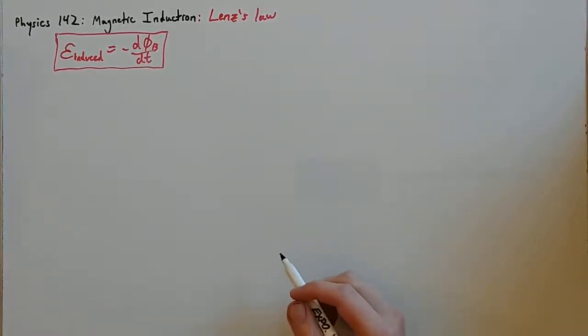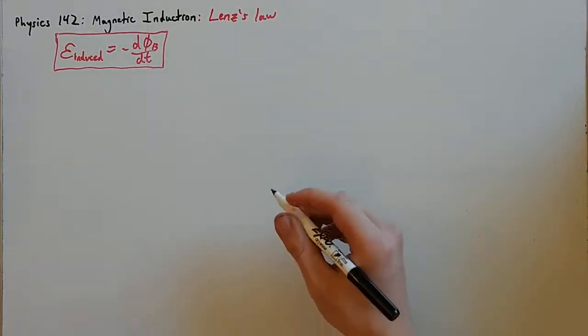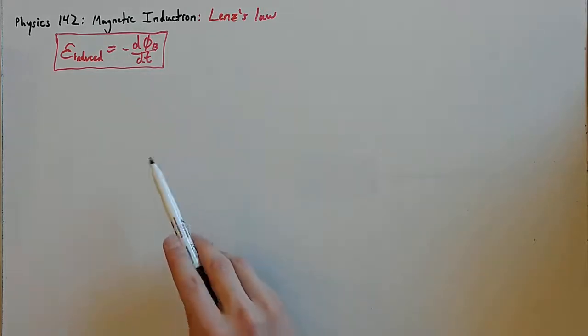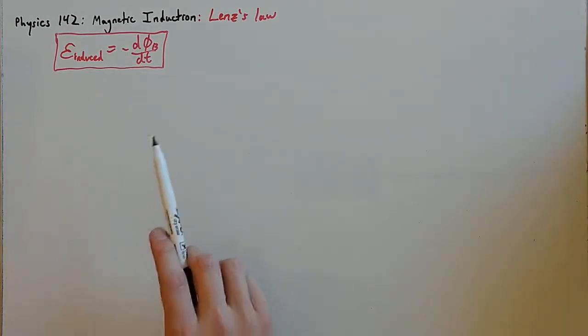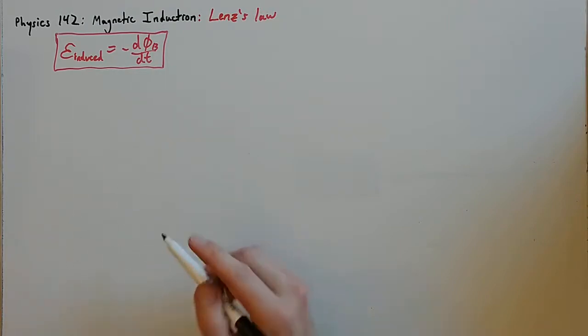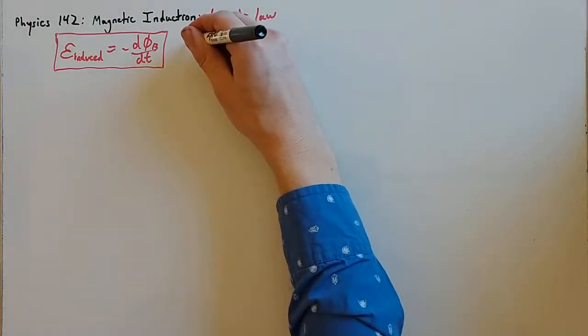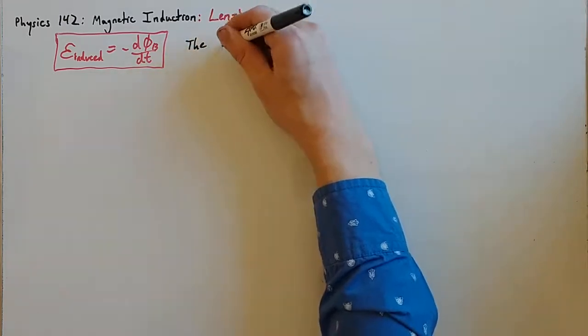So what does Lenz's law say? Lenz's law says that the induced EMF and the induced current are in such a direction that they oppose the change that produced them. So let's write that down.